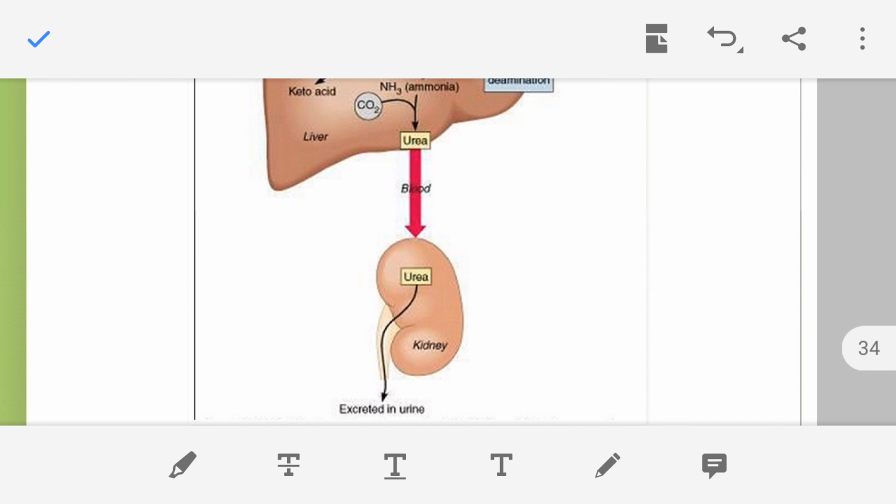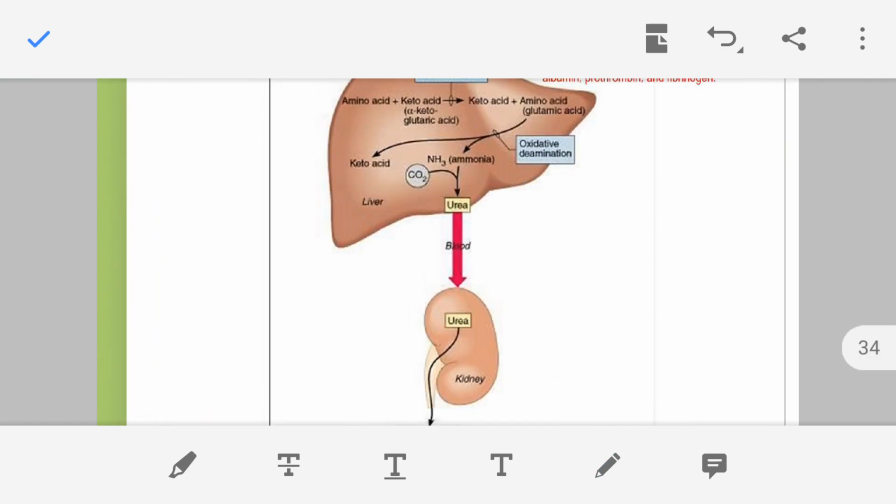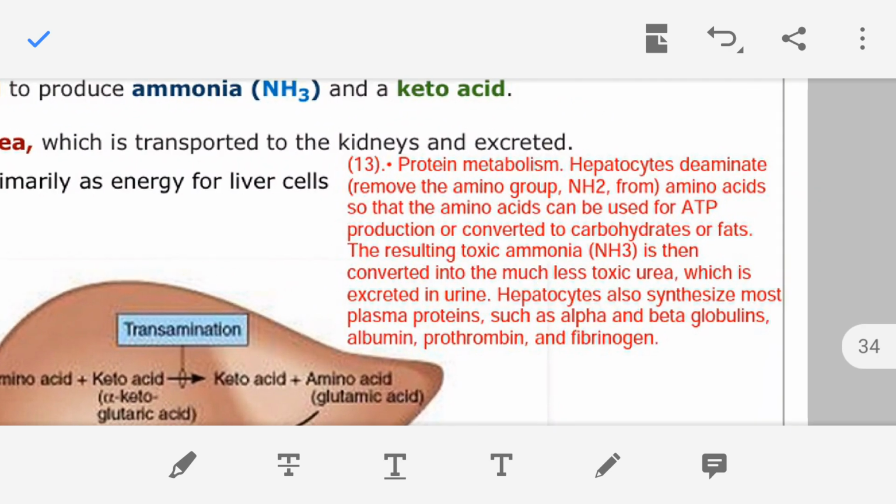Then blood supplies the kidney, urine formation in the kidney, and with the excretion of urine, the urea is removed from the body. So this is point number 13.